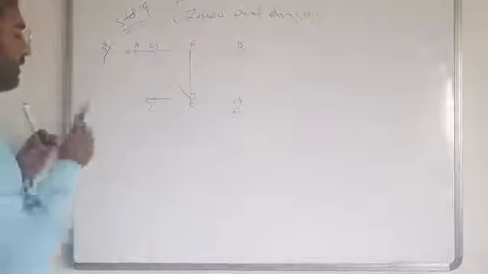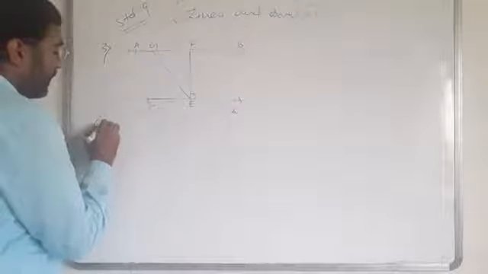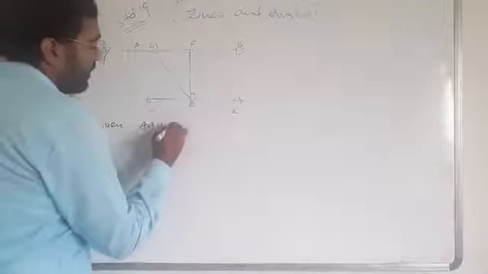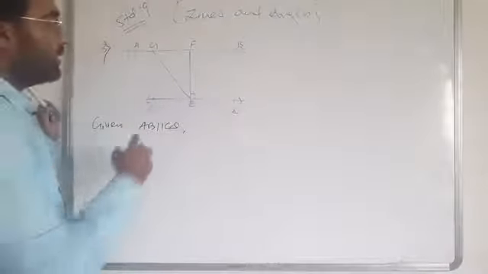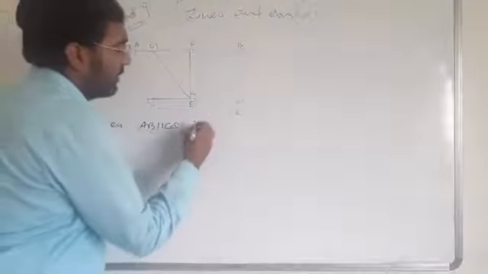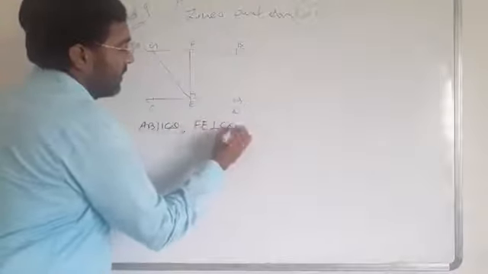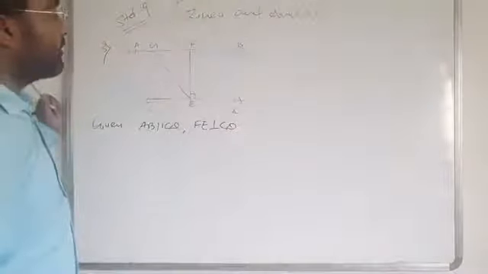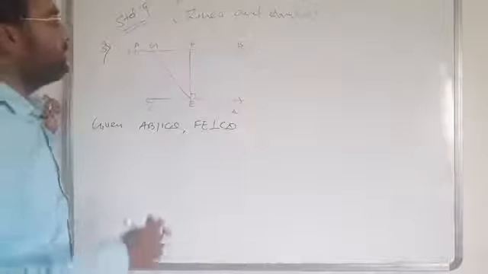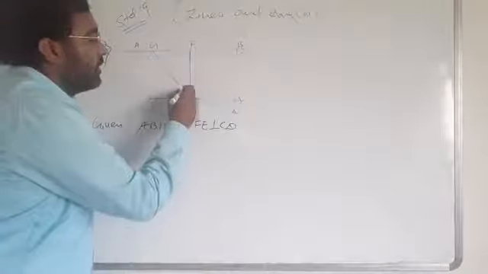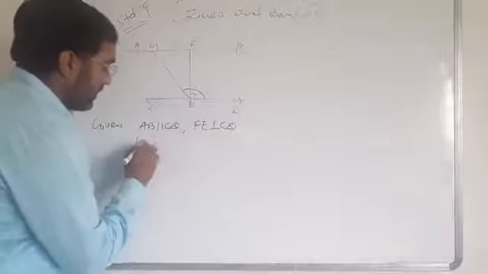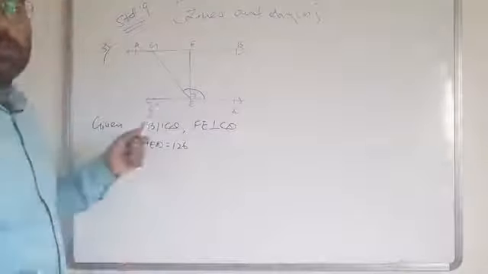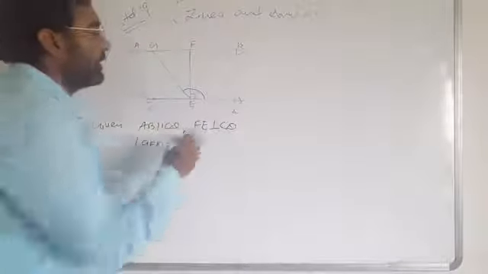From the figure, I will write the given: AB is parallel to CD. Second, FE is perpendicular to CD. Third, angle GED, this whole angle, is given equal to 126 degrees.